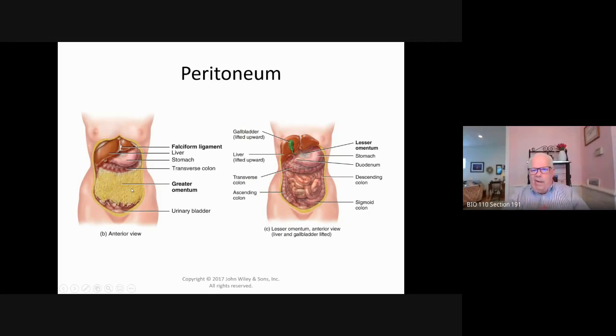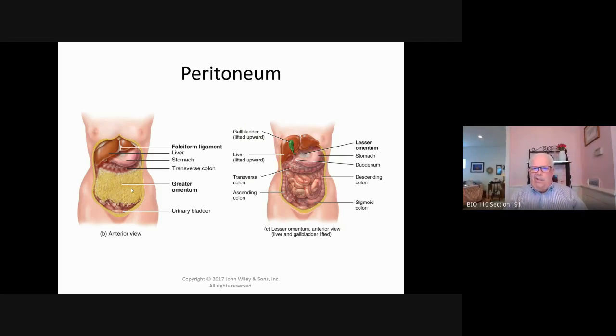So again, there are 5 sections of the peritoneum. There is the lesser omentum, the mesentery, the mesocolon, the falciform ligament, and the greater omentum.